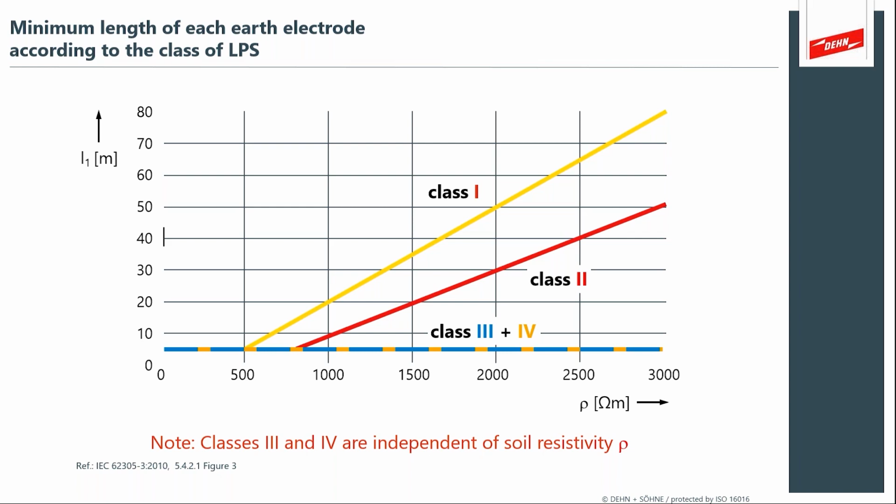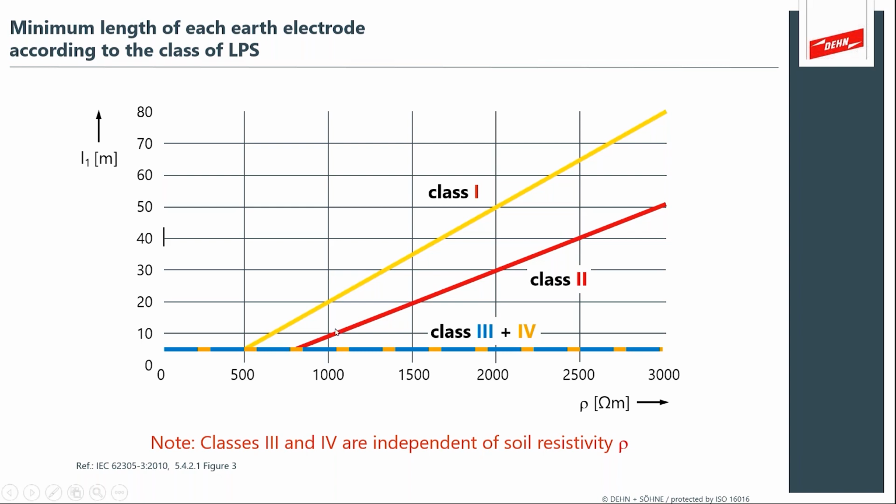And you have the National Electric Code that indicates that you need not more than 25 ohms for a residential dwelling. So you see this in various standards, but what's important is that if you know the class of LPL system that you want to install, you can further calculate how much earth electrode it will take to effectively dissipate that charge into the soil.